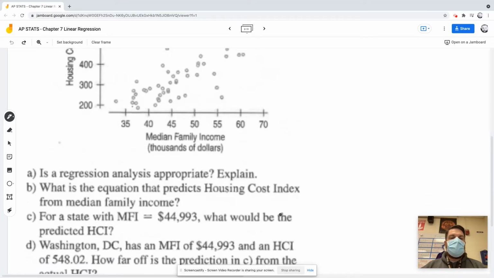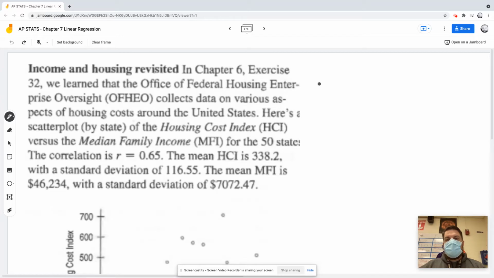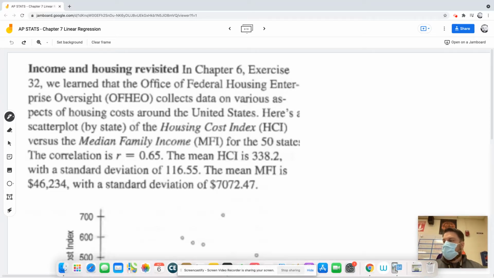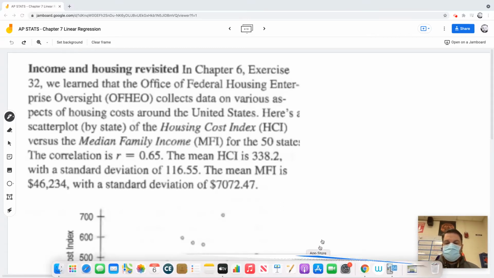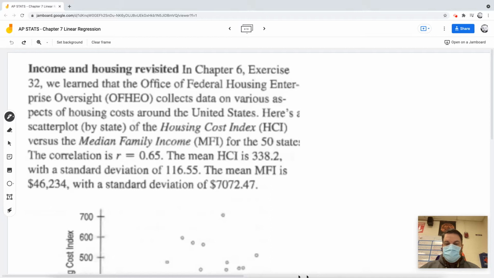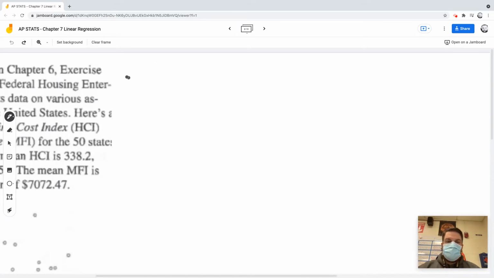Is the regression analysis appropriate? Explain why. So let's explain it. For A, is this appropriate?